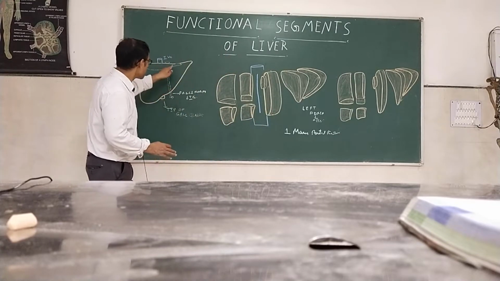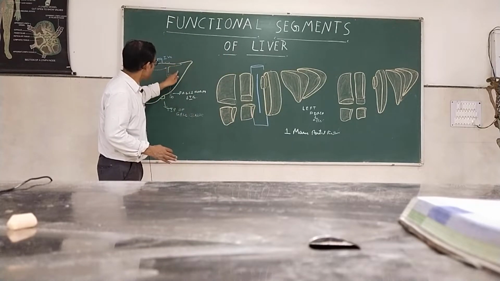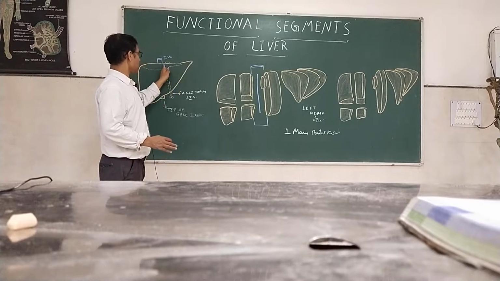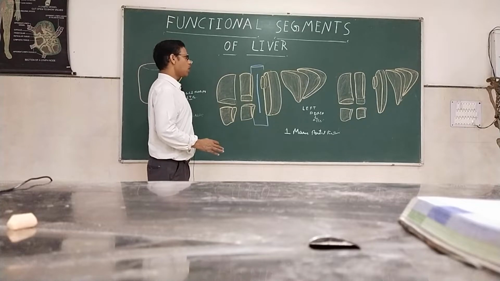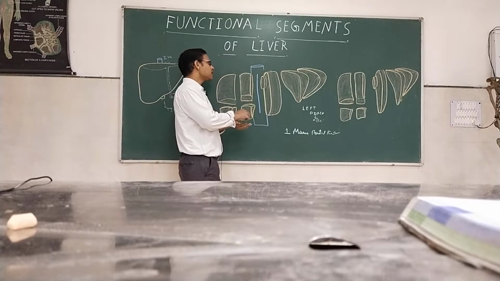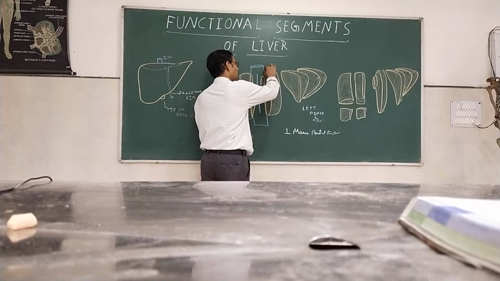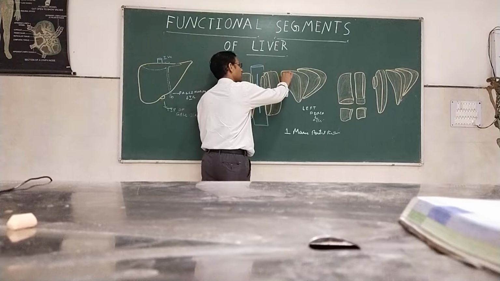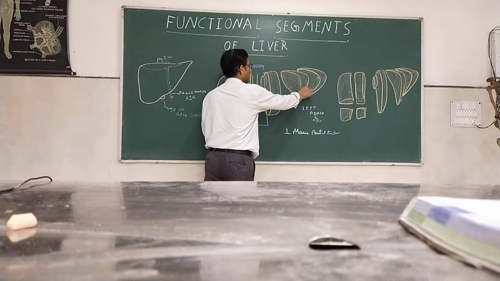This is the falciform ligament, this is the left triangular ligament. Midway between them, this is imaginary, and it runs toward the confluence of the left hepatic vein.